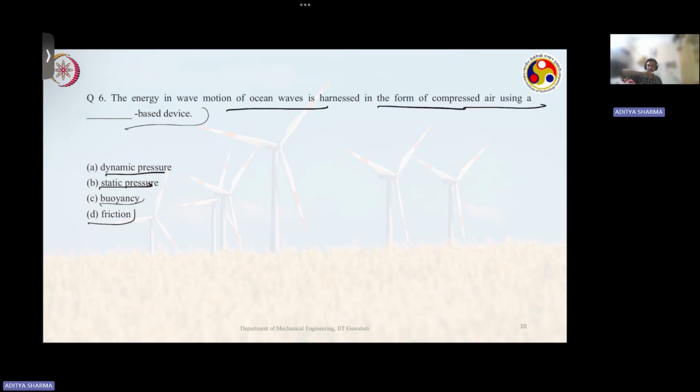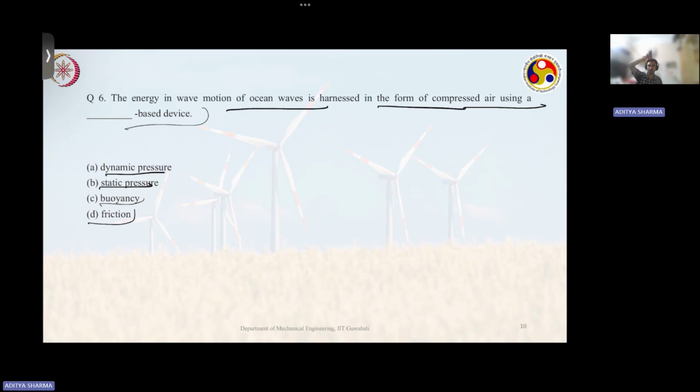So what we use is some kind of float. When there is a crest, this float will get lifted up because of buoyancy. I hope you know what buoyancy is. And when there is a trough, it will again come down.